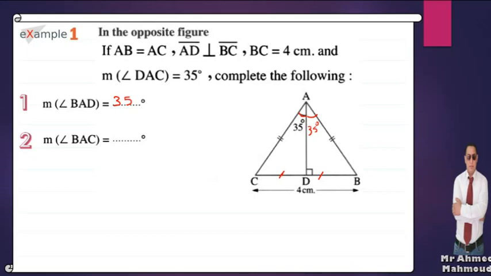Number 2, the measure of angle BAC, because BAC includes 35 and 35. 35 plus 35 equals 70 degrees. Number 3, the measure of angle B, because we have here a right angle triangle.